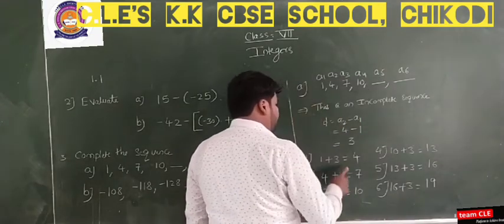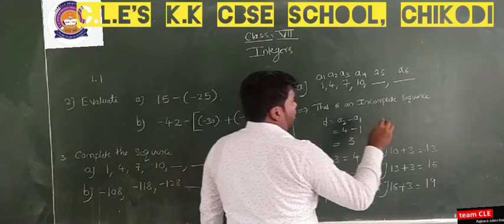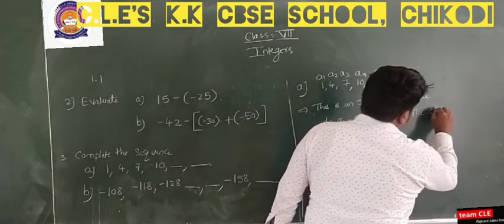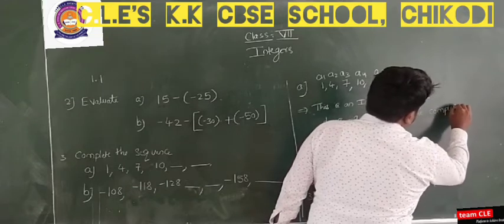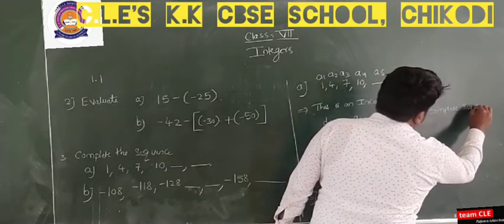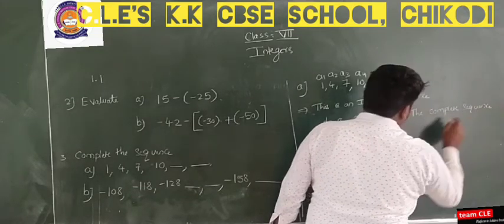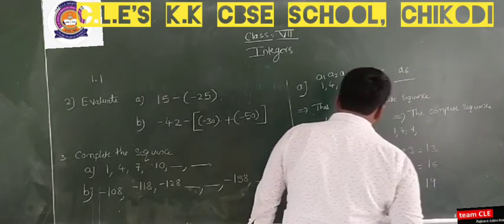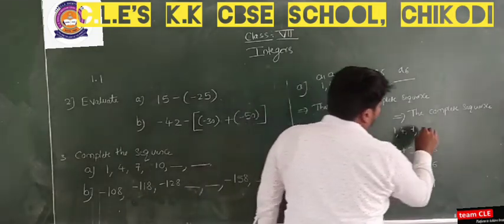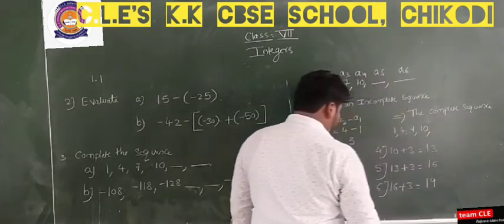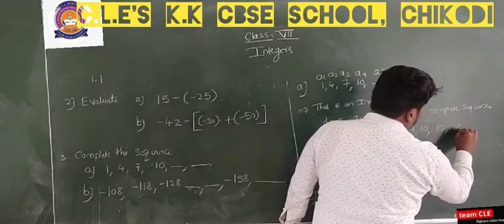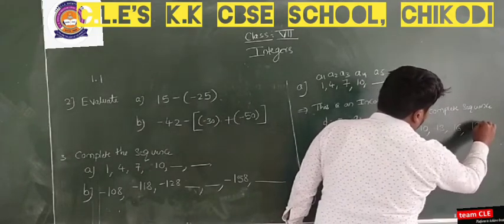Now you have the complete sequence, which I can write here: 1, 4, 7, 10, and after 10 I got 13, then 16, and the last term is 19.